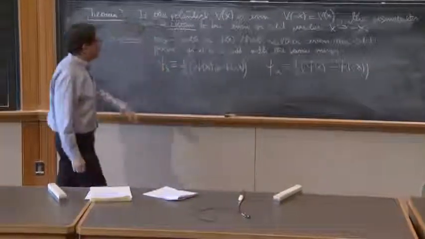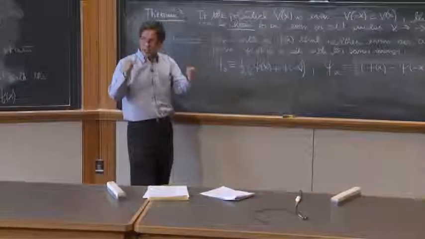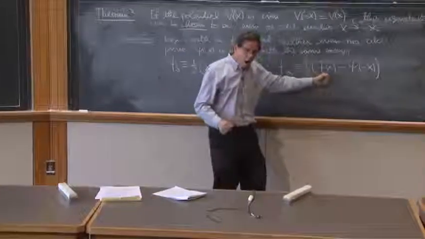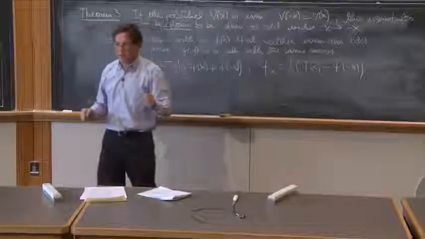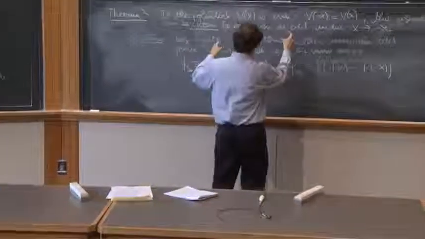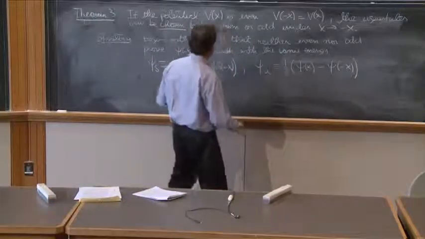And these two would be, this one even under the exchange of x for minus x, this one odd under the exchange of x for minus x. And both would be solutions by superposition, and both would have the same energy.